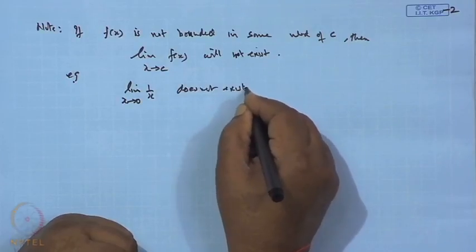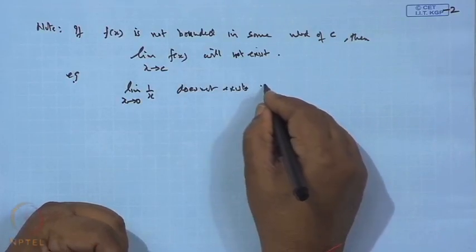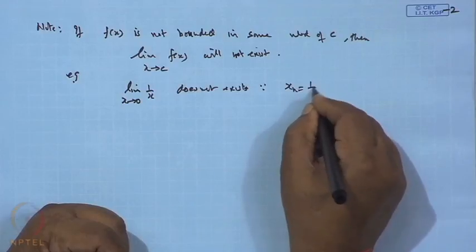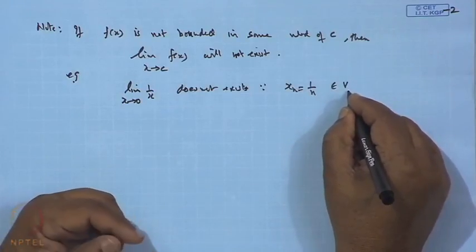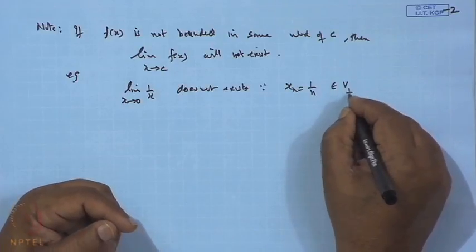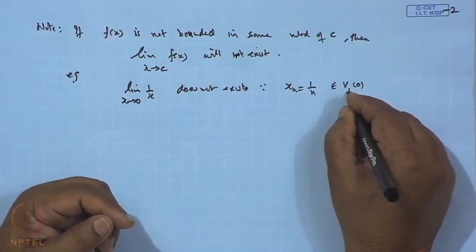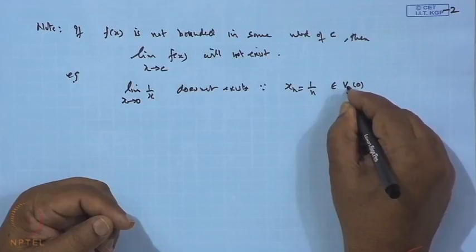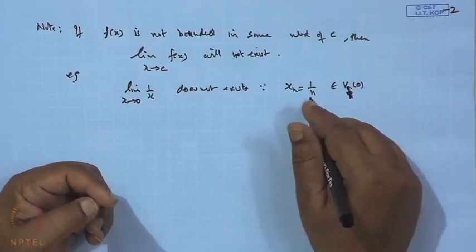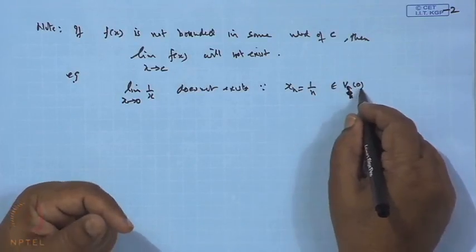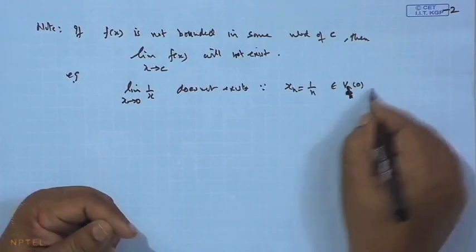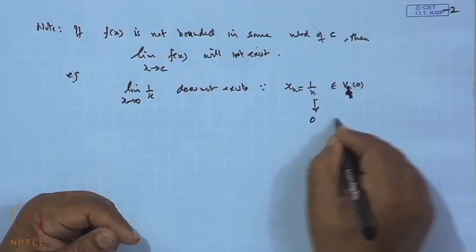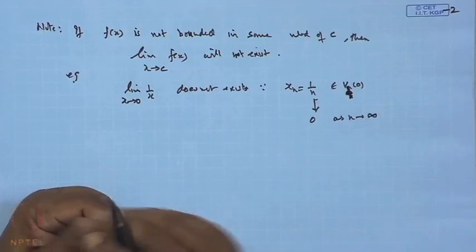Because we have already seen that if we take a sequence x_n equal to 1 by n, which belongs to the delta neighborhood of 0, then all the terms of the sequence belong to it after a certain stage, and this sequence tends to 0 as n tends to infinity.